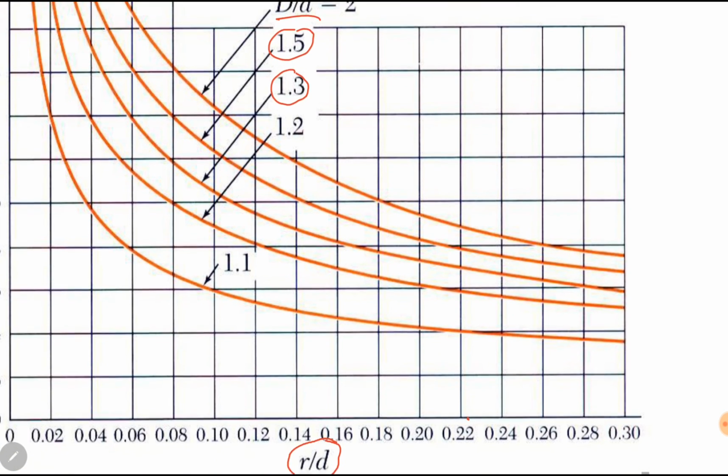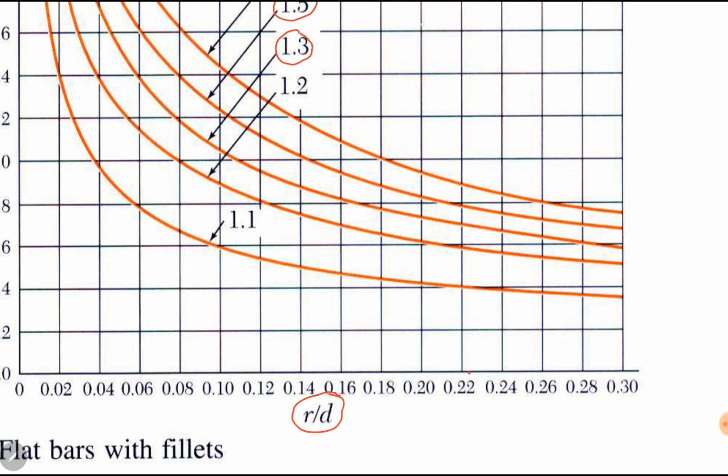Okay. 0.234, between 0.22 and 0.2, it is somewhere here. For 0.234, if we draw a line here, it intersects these two curves. The curve of D by d equal to 1.3 here and D by d equal to 1.5 here.